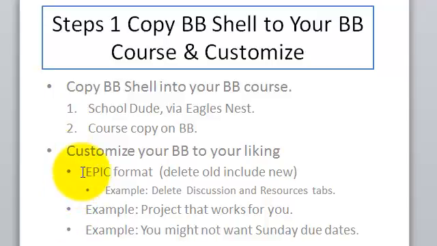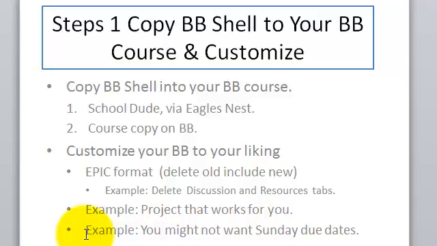So to make sure it's EPIC format, you're going to want to delete the discussions and delete the resources tabs. That comes with a project, but if you've got a project that works for you, that's been working, you can take that one out and put in your own. If you don't like Sunday due dates, you put in your own due dates, whatever you need.